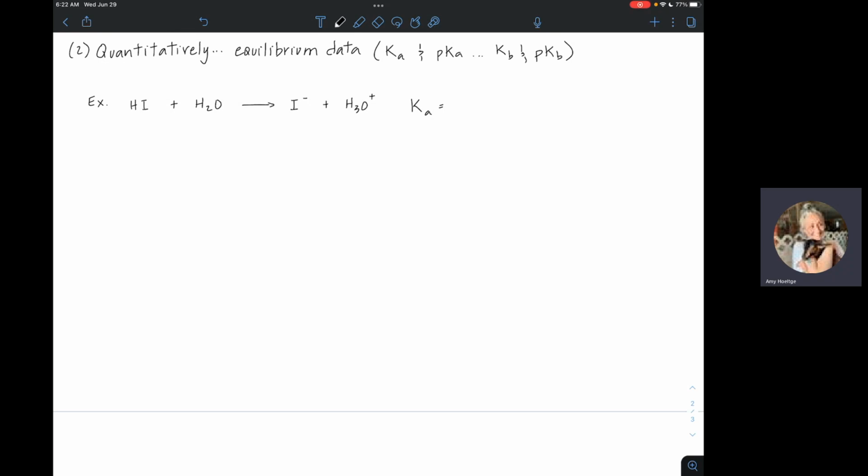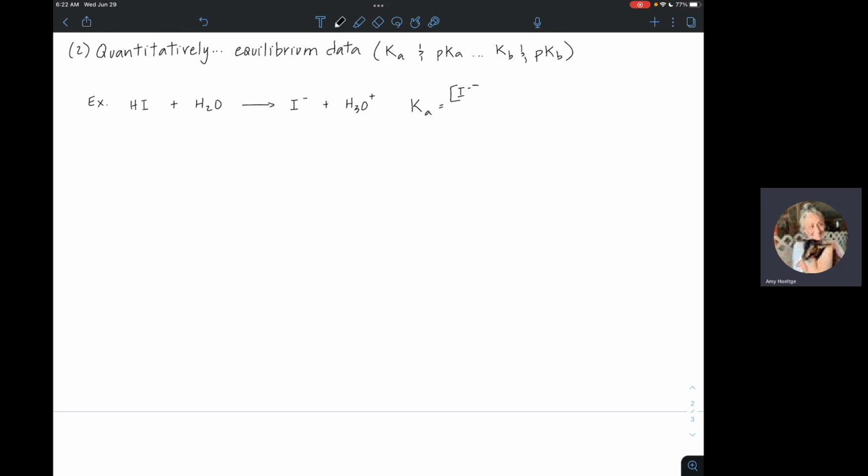In any of these equilibrium expressions, we're comparing the products to the reactants, and it's for those species whose concentration varies or can change. So if you're dealing with solids and liquids, we don't include those in the equilibrium expression because their concentration is constant.